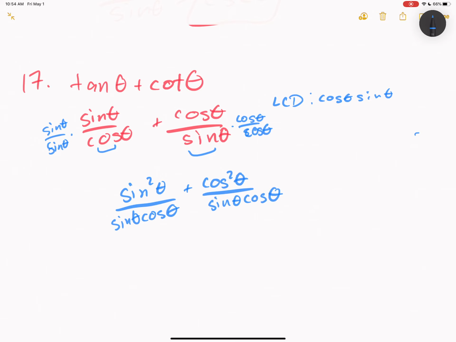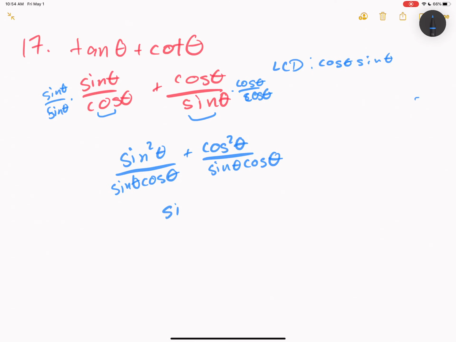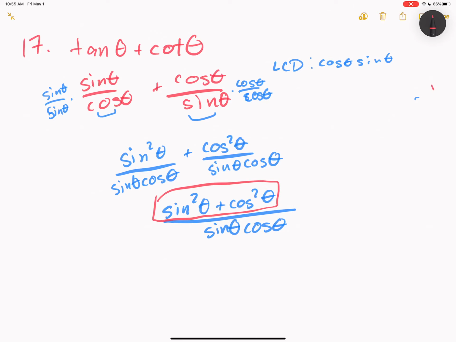If you notice, the bottoms are exactly the same now, and because the bottoms are the same, we can combine it. So I get sine squared theta plus cosine squared theta over sine theta cosine theta. Now, if you guys recognize, this is something nice. Sine squared plus cosine squared, that's 1. So I get 1 over sine theta cosine theta.